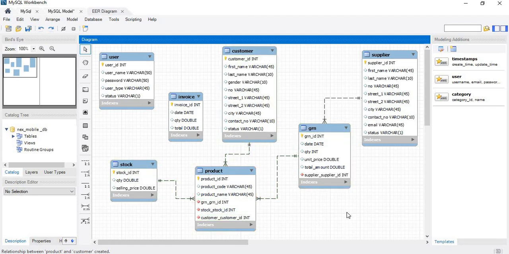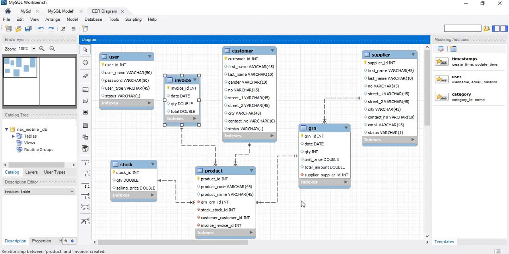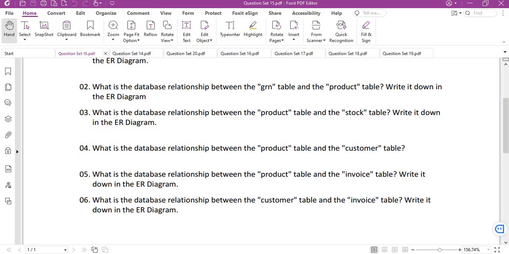Now if a customer goes to the mobile shop and buys a Samsung phone and a Vivo phone, then in the invoice there are two products, whereas for both of the products there is only one invoice. So it's a one-to-many relationship. I will click the non-identifying relationship. The product side is many and the invoice side is one. So here is a one-to-many relationship. We will move on to the next requirement.